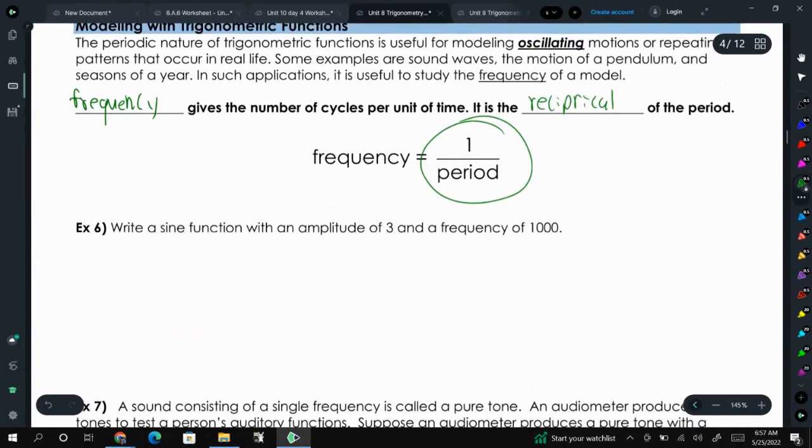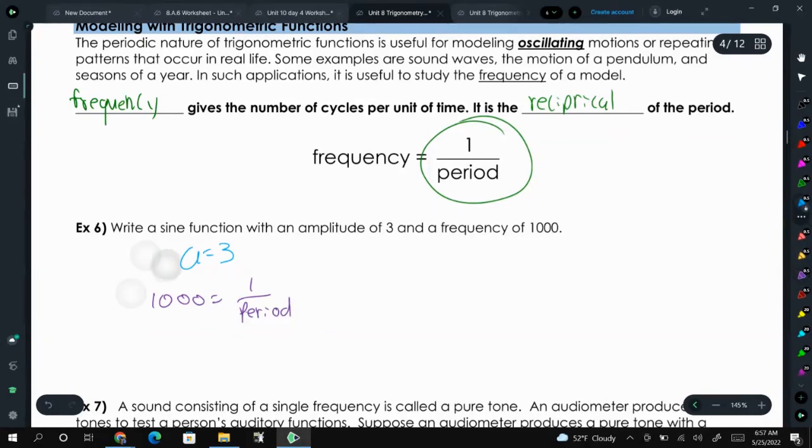So it says write a sine function with an amplitude of 3, so your a value is 3, and a frequency of 1,000. So your frequency is 1,000, so 1,000 equals 1 over the period.